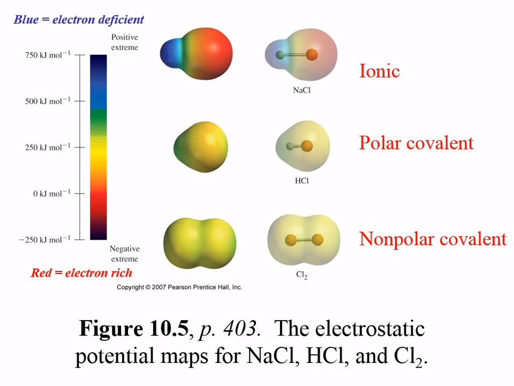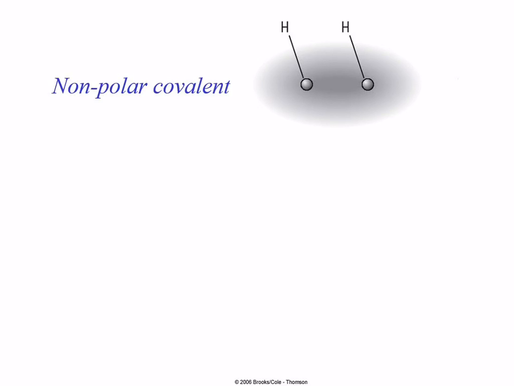And here we have where an electron is entirely transferred from the metal, from the sodium to the chlorine. So H2, hydrogen, is another diatomic element. So a hydrogen molecule would look like this. That covalent bond is nonpolar, so it's a nonpolar covalent bond.